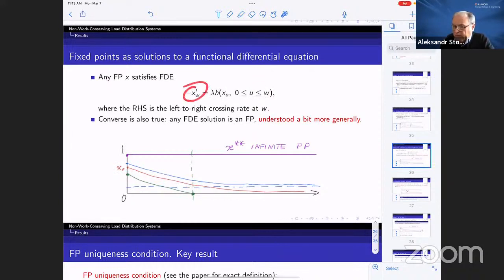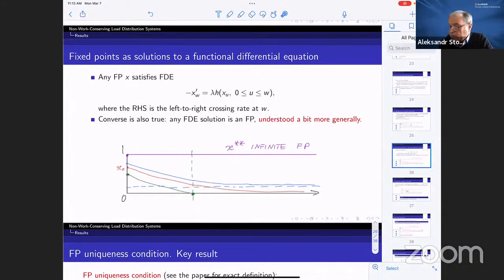Basically, the derivative is the rate at which particles cross this point w from right to left, and if it's a fixed point, it has to be equal to the rate at which they jump over this point from left to right.